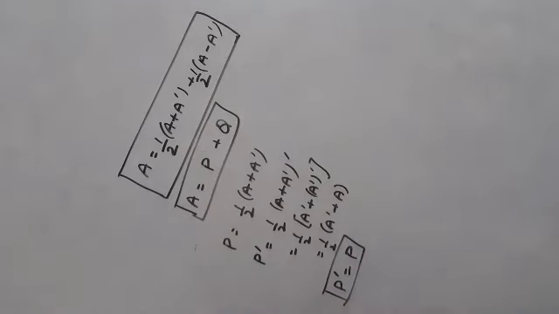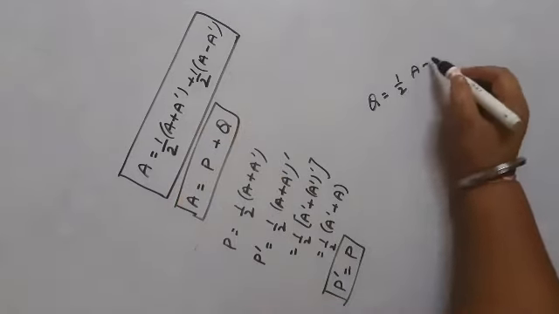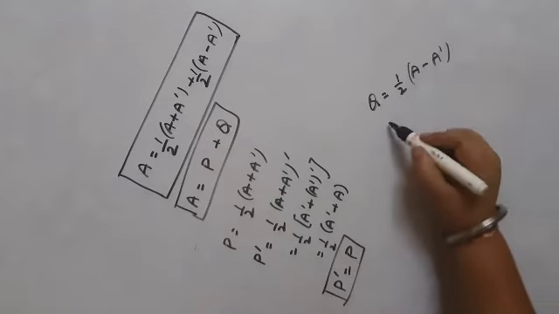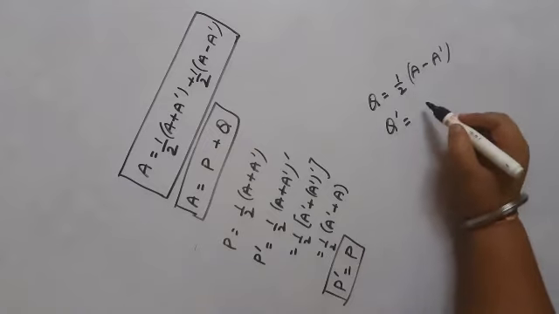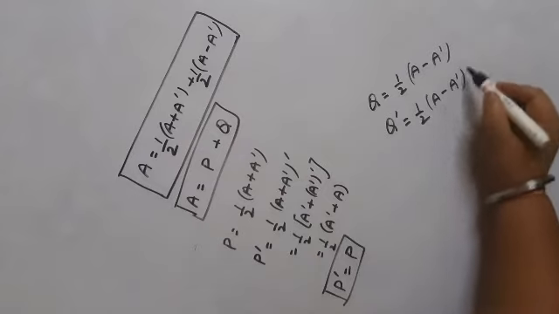Similarly we solve for Q. Then Q will be half of A minus A transpose. Again, if we transpose Q, then Q transpose is half, as it is, of A minus A transpose whole transpose.